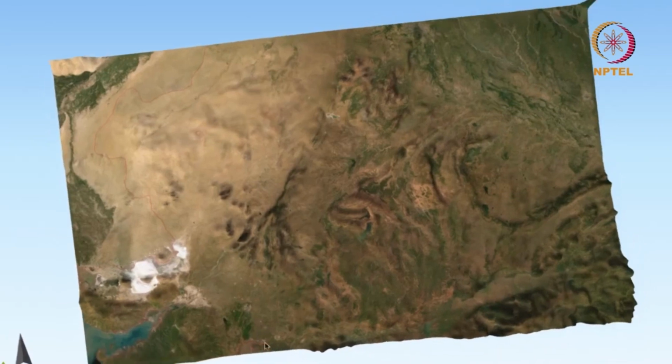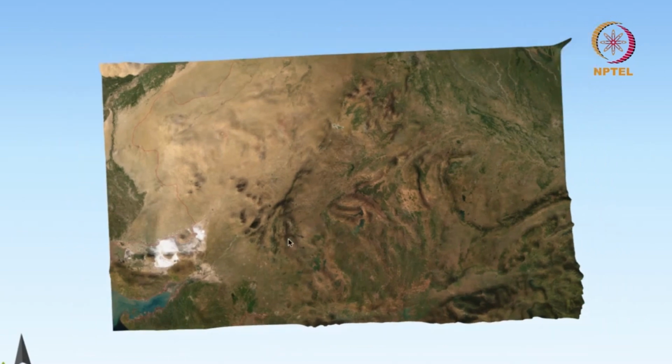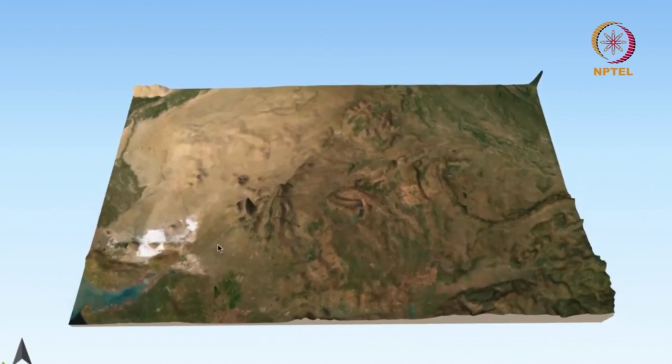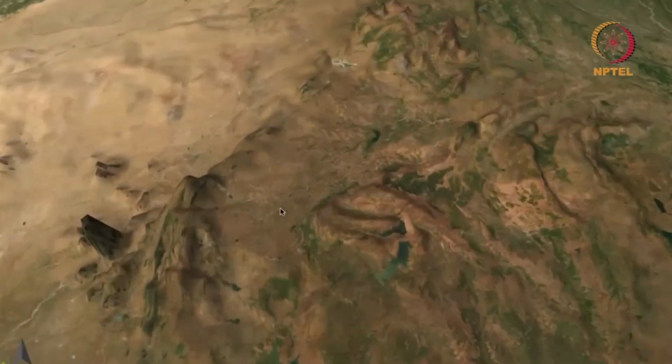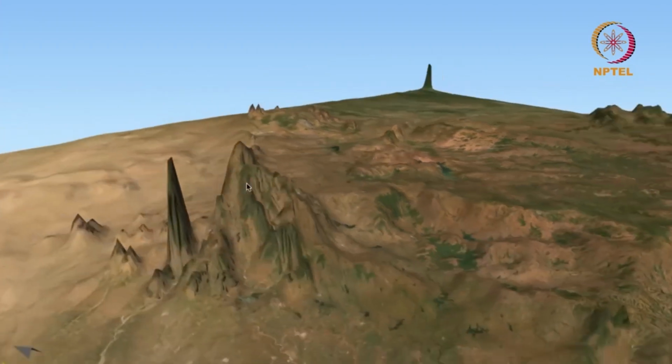Now, if we look at this model, here we have Gujarat, and this is Rajasthan. You will observe that the Aravallis are roughly in the southwest to northeast direction, which has important ramifications for the climate of this area.